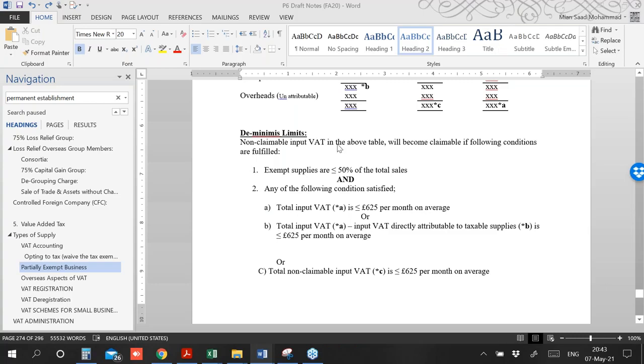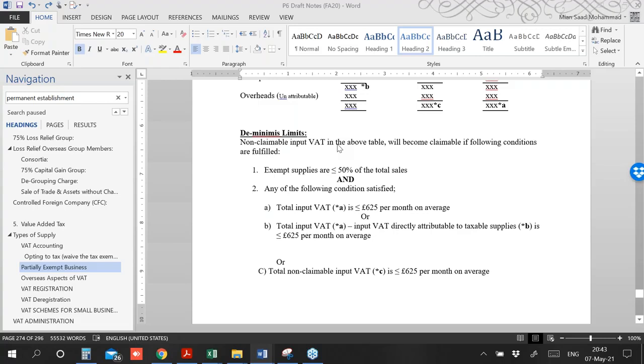So I was telling you that the VAT that can directly be traced is called directly attributable, and that cannot be directly traced is called unattributable. So the second test is that out of total input VAT, you should minus the input VAT that is directly attributable to taxable supplies.